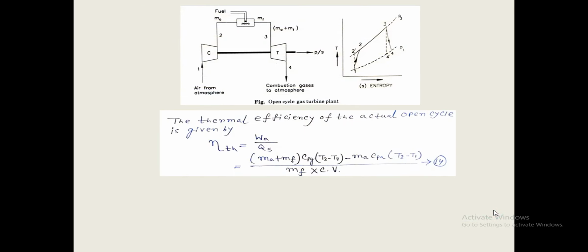The thermal efficiency of the actual open cycle is the ratio of work available by heat supplied. Putting the values of Wa and Qs, you will get equation number 14, that is [(Ma plus Mf) into Cpg into (T3 minus T4) minus Ma into Cpa (T2 minus T1)] by Mf into calorific value.